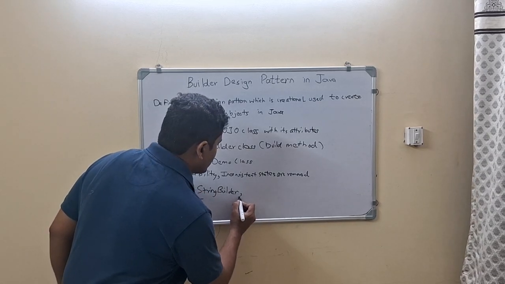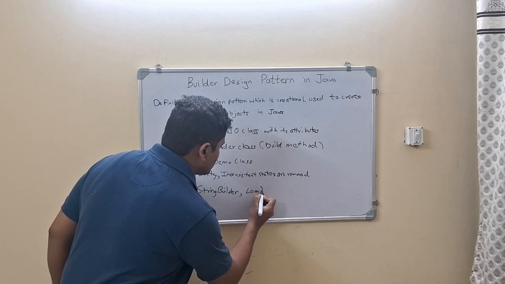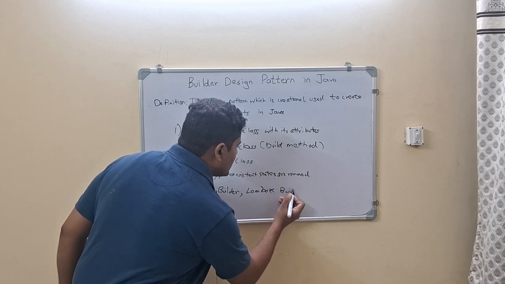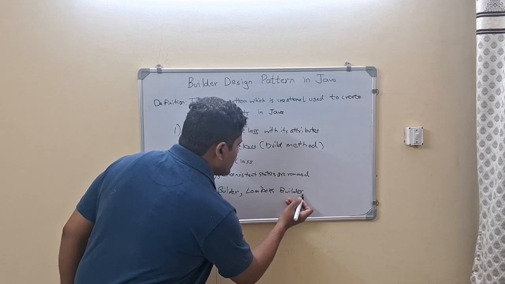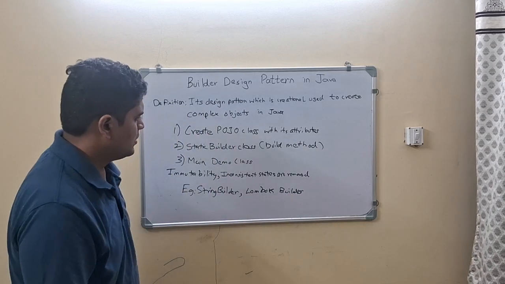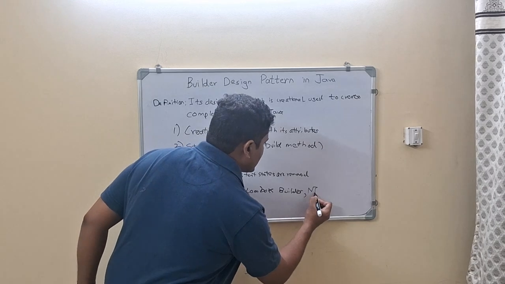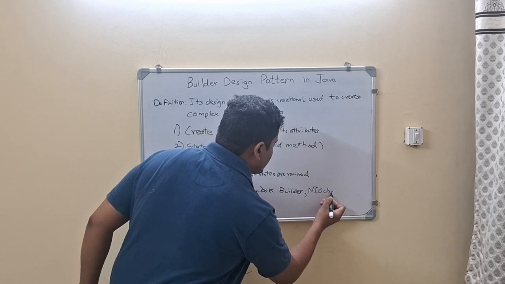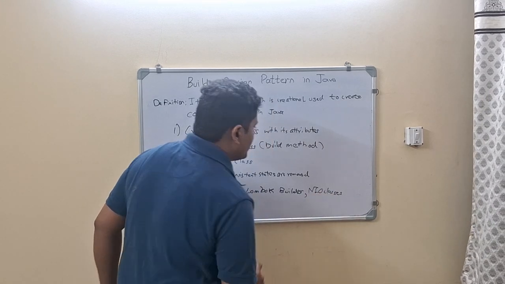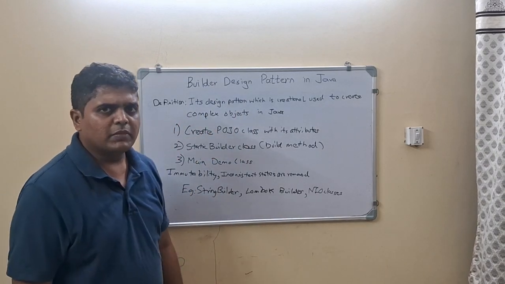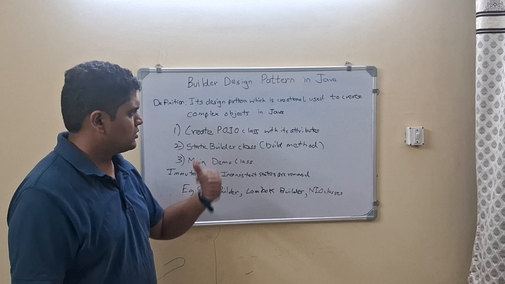Also, in recent years, Lombok has provided its own builder, the Lombok builder. And also some Java NIO classes have their own builder pattern. These are some standard examples of implementation of the builder design pattern in Java.